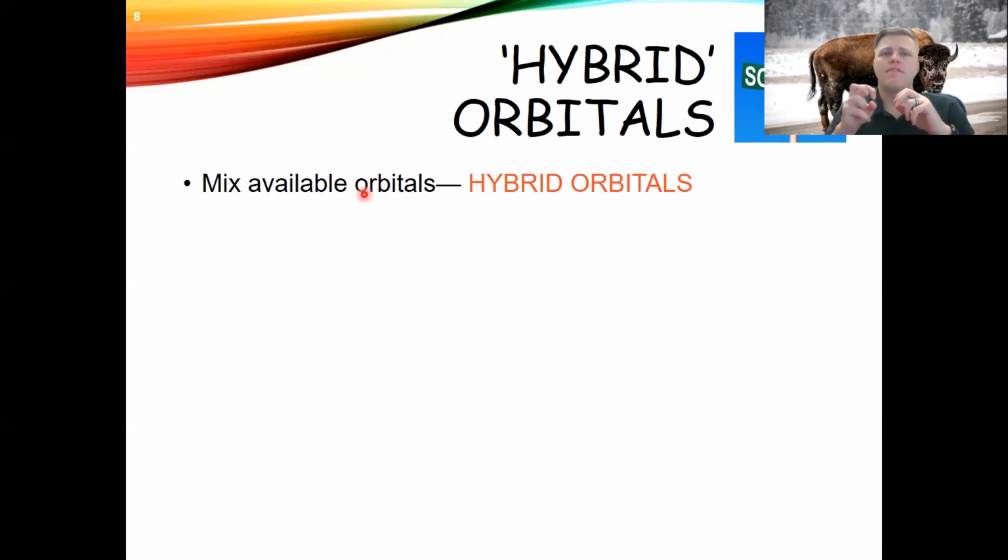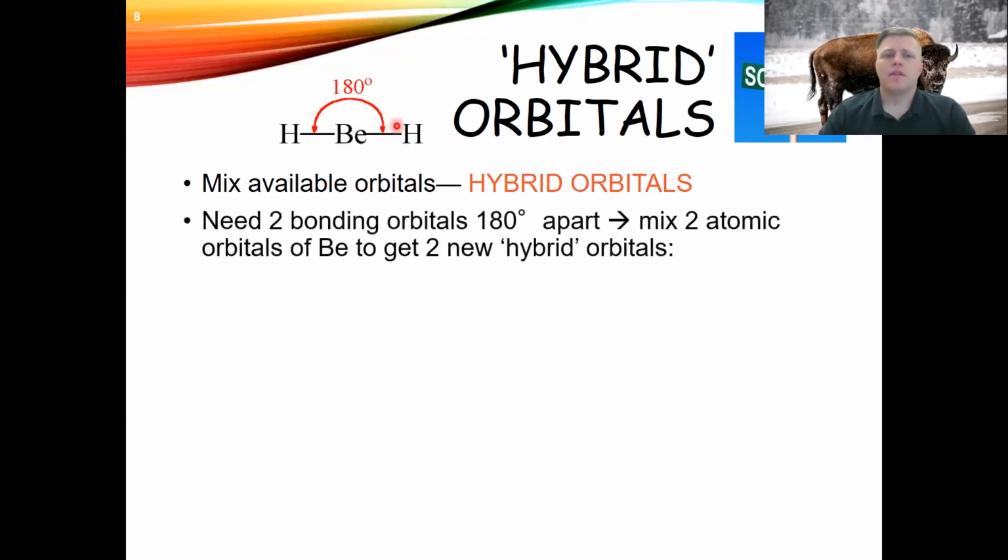So carbon would have its orbitals, hydrogen would have its orbitals. But if we're going to get something like beryllium dihydrogen and we need a 180 bond angle, then we're going to need 2 bonding orbitals, right? One to hold one hydrogen on, one to hold the other, and we're going to have to explain why they're 180 degrees apart. So we're just going to mix 2 atomic orbitals on beryllium to get these 2 new hybrid orbitals.